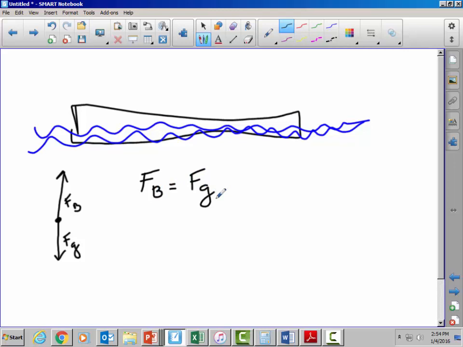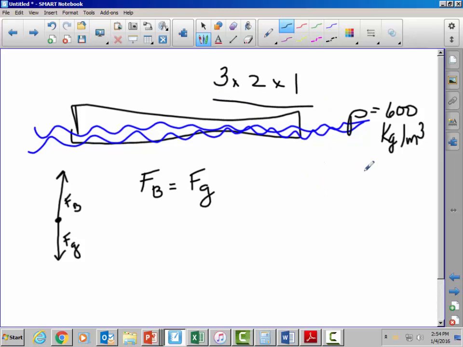All right, so we have the dimensions of our raft. It said it was 3 by 2 by 1. And we know the dimensions of the raft, and we know the density of the raft, so we can put those together and figure out what the weight of the raft is.